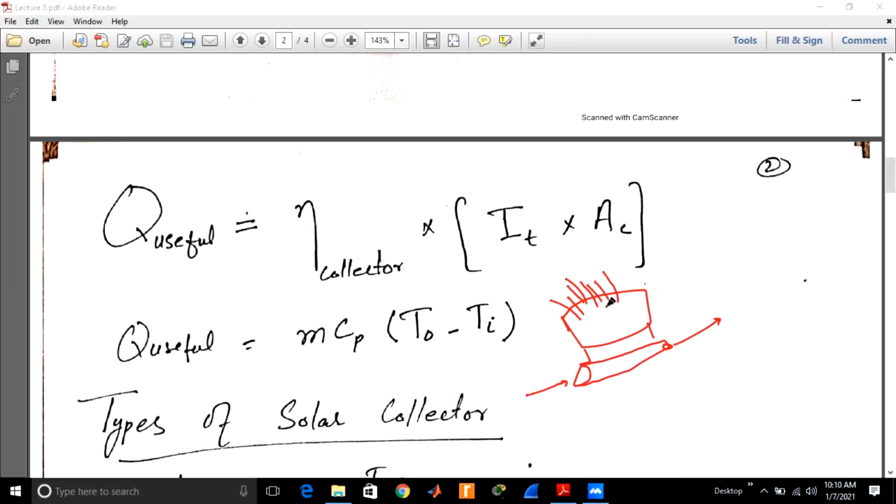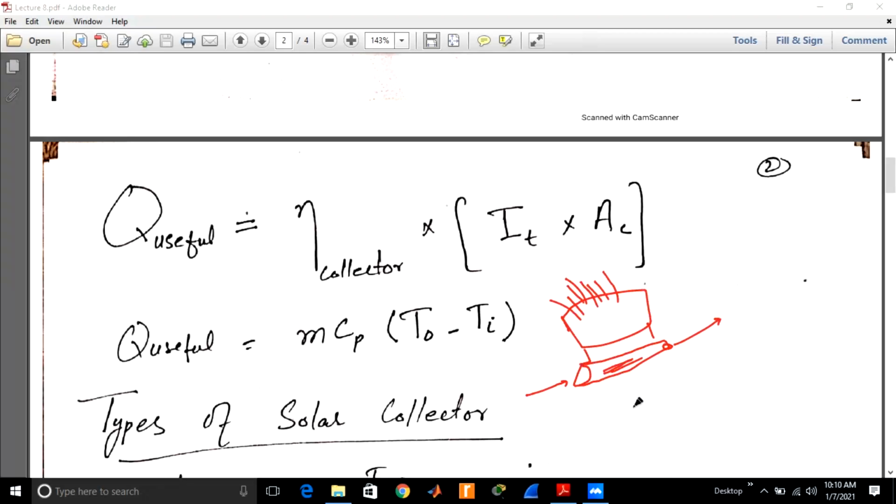This radiation will be collected by the collector, and the heat of the radiation will be transferred to the fluid here. So the amount of heat gained by this fluid is called useful heat. The amount of heat received by the fluid in the riser tube is called useful heat.